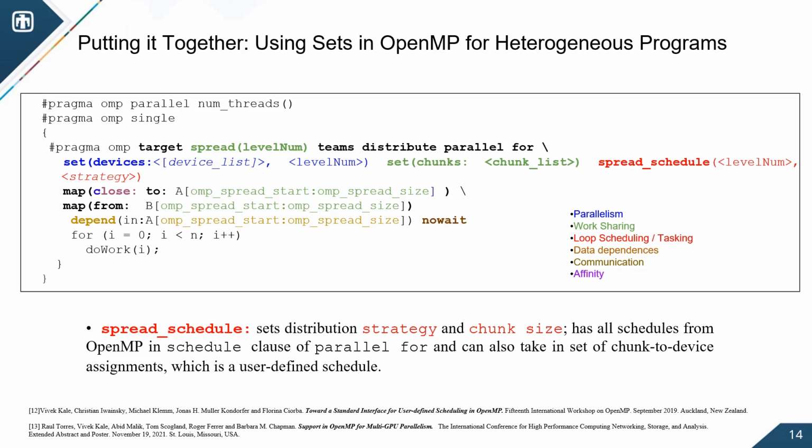And I'm just going to point out two papers on each of these more specific topics and encourage you to look at these for more information on support in OpenMP for multi-GPU parallelism and user-defined schedules. And I'd like to just point out also that both of these topics by themselves are still an ongoing area of interest for the OpenMP specification, but all of this is being done in conjunction with the OpenMP set interface development.